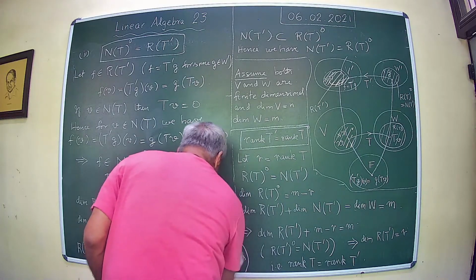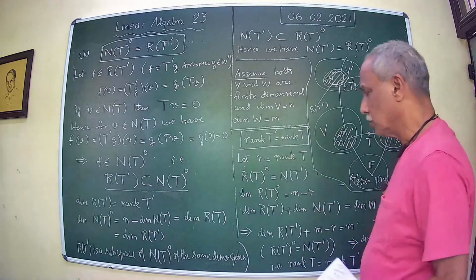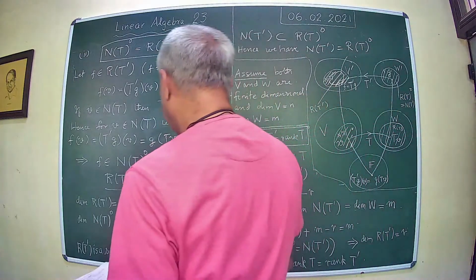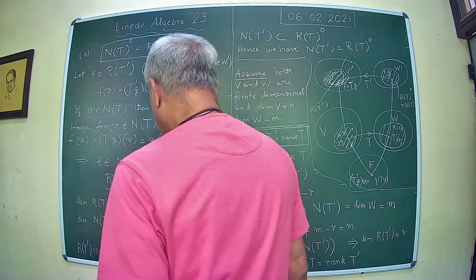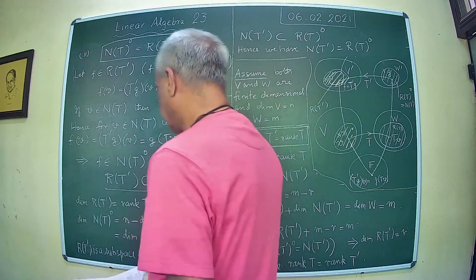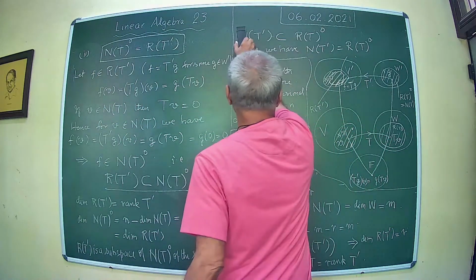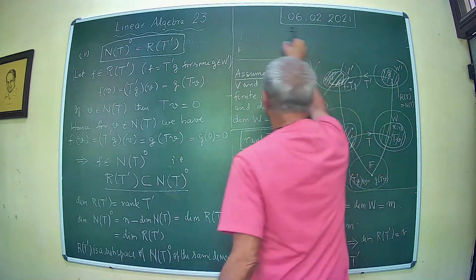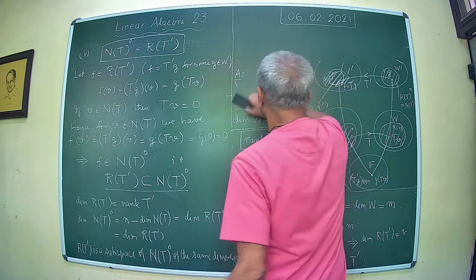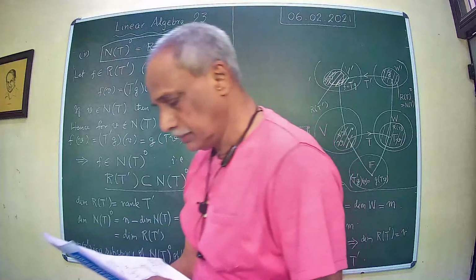Same dimensions. That's what we have. Okay. So RT prime is already a subspace of NT annihilator. Because of this, it follows that RT prime is essentially equal to NT annihilator. So that allows us to conclude the following.